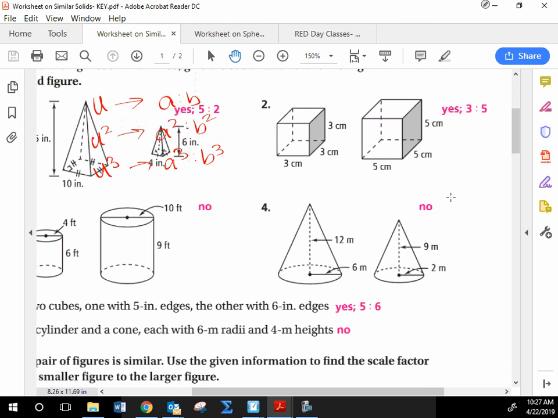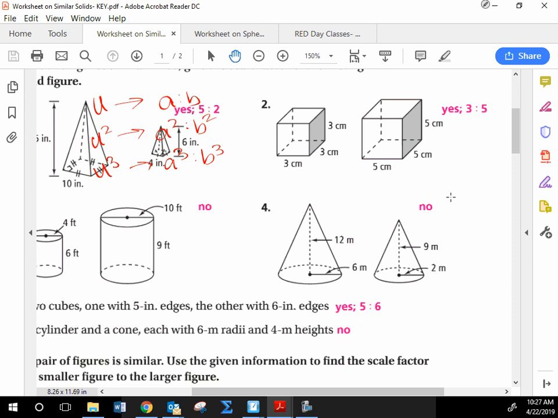So you're comparing it. You're going to compare length with length, width with width, height with height. If you get the same ratio, then that means they're similar because they have the same ratio, right? So similar solids means that it's the same shape and the sides are proportional when we had 2D shapes. Now that we're in 3D shapes, we say corresponding dimensions are proportional, which means match up the same things, and if it's the same ratio, then it's a similar solid.